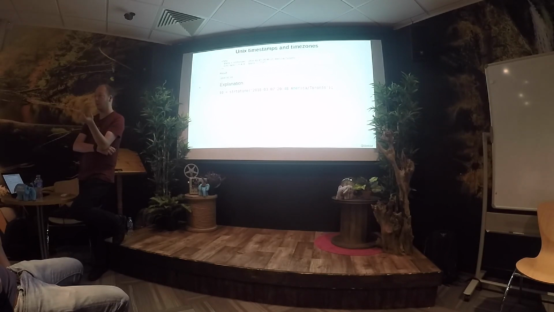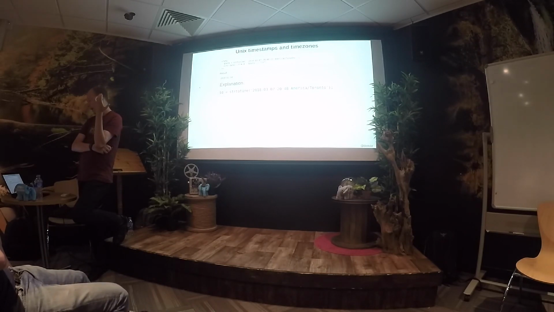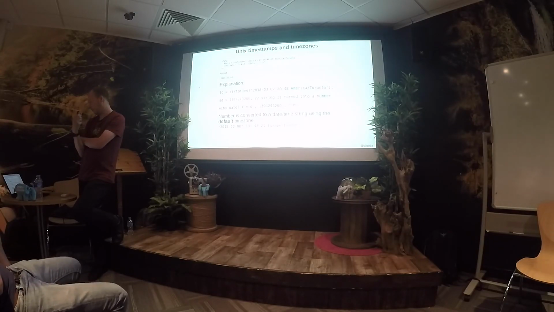It can't, it's a number. It's a number of seconds since midnight 1970 UTC. That's what a Unix timestamp is. And of course, when you start formatting it, it needs to pick some time zone, and it will pick the default time zone that is currently set, which in this case was Europe/London. It doesn't matter, anything that pushes it over the date boundary will do this.